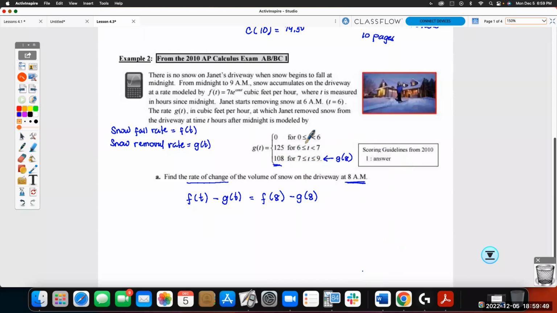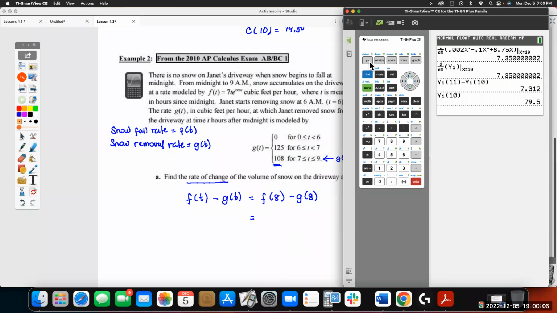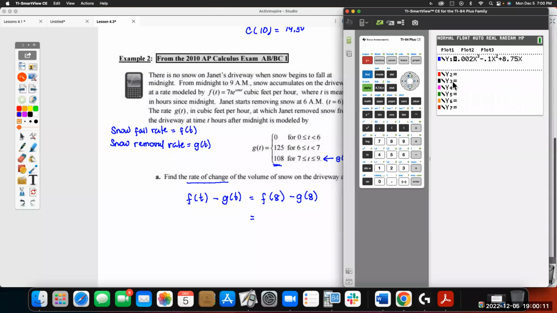So what we want is f of 8. So we use the f of t function and evaluate that at 8. And we will have to use our calculator here. So let's get our calculator. And let's put this in y1.